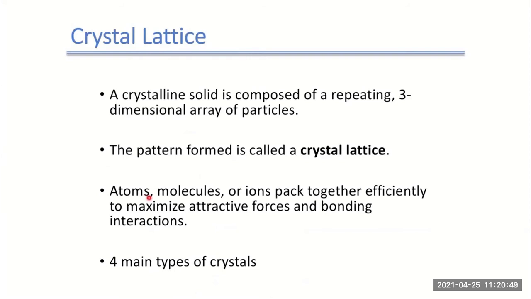So the pattern formed by the arrangement of those atoms or those molecules makes a crystal lattice. And so the atoms and molecules are always going to pack together efficiently to maximize their attractive forces and their bonding interactions. So they're going to maximize the intermolecular forces that they have when they pack together. We have four main types of solids that we talk about.